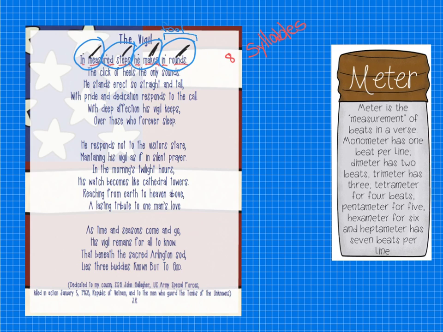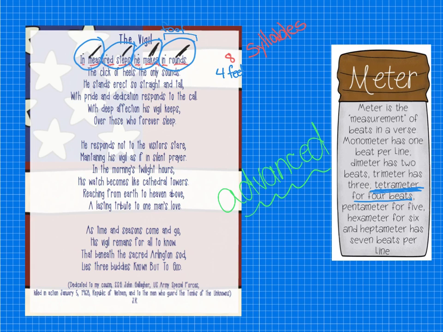So how many feet are in this first one? It has 4 feet. Or the meter, in this case, with the beats, 4 beats. So we could say it has a tetrameter. Now keep in mind that this is an extremely advanced concept, but it's one that it's fun for us to explore.